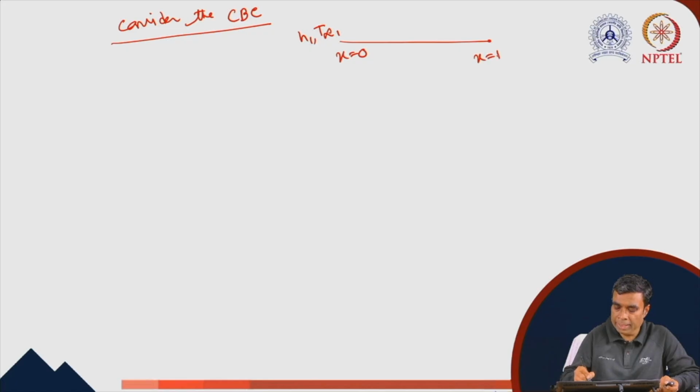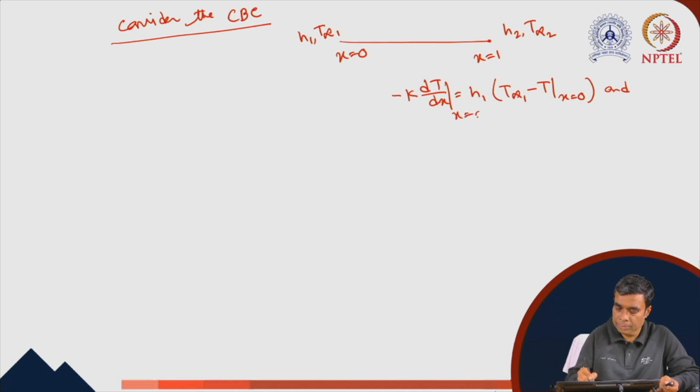At the right boundary at x equals 1, we have h_2 and T∞2. Our boundary conditions are minus k dT/dx equals h_1 into T∞1 minus T at x equals 0. And at the right boundary, we have minus k dT/dx at x equals 1 equals h_2 into T at x equals 1 minus T∞2.